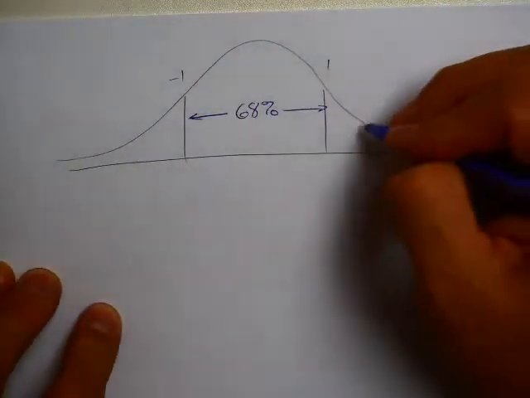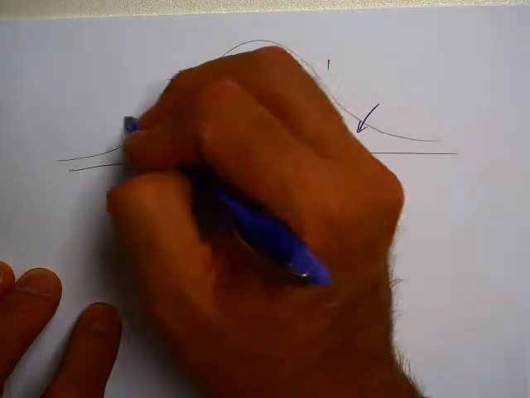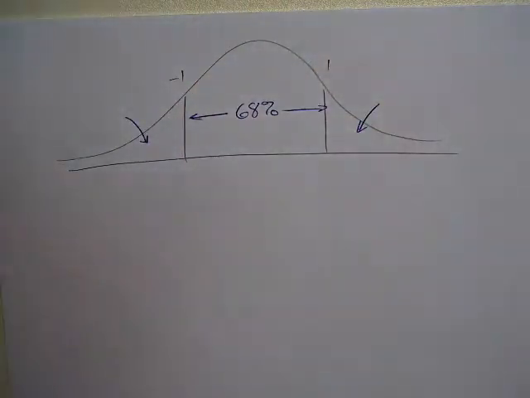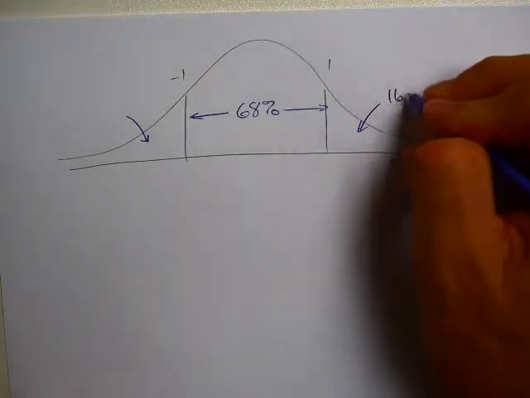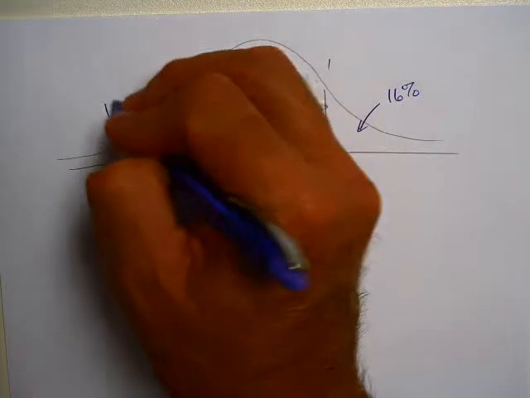But how much do we have here and here? The curve is normal, so it's symmetric. So what percent must be in each tail? 16, that's right, because there's 32% left total. If you split that in half, you've got 16% in each tail.